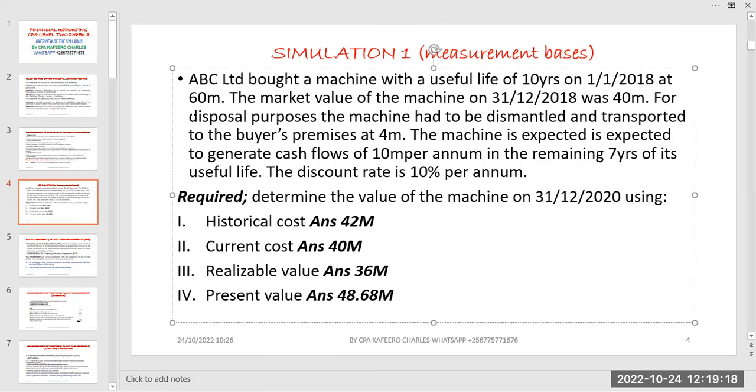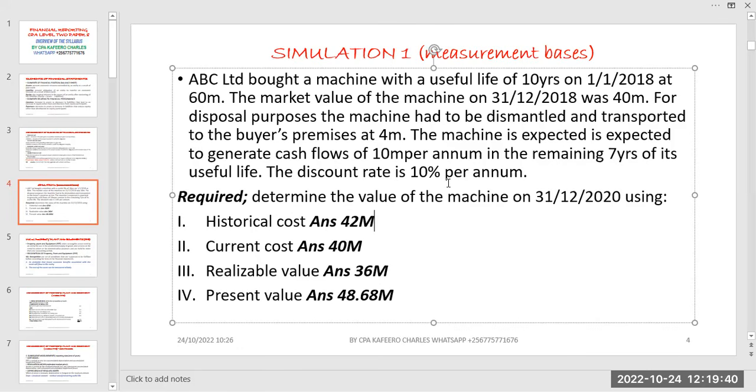We dismantle the item and we transport it. Maybe this machine was plugged somewhere, or it was constructed somewhere, and they are removing it from where they put it, and they are transporting it to the person who has bought it. And the cost they incurred was 4 million.